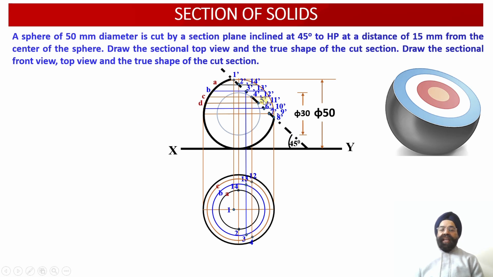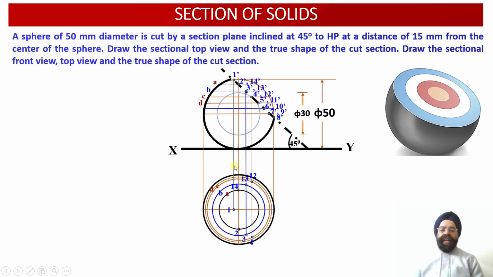Now there are another couple of points 5 dash and 11 dash corresponding to the fourth ring, that is ring number D over here. That is the 2 points of intersection we will be able to obtain when we are able to locate points 5 and 11 into the top view projections corresponding to the ring D. Now again we know the diameter of the ring D, which has been shown by a different color. Now the fourth ring we have drawn. So the fourth ring is ring D over here.